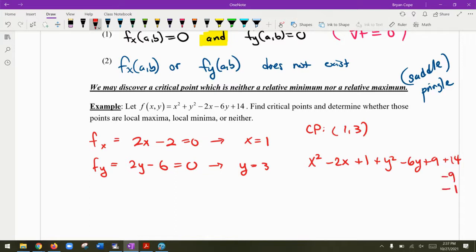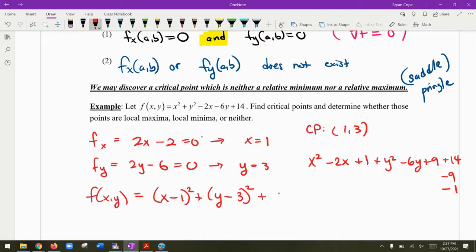We have to make those adjustments on the end. So this function turns into (x minus 1) squared plus (y minus 3) squared plus 4.